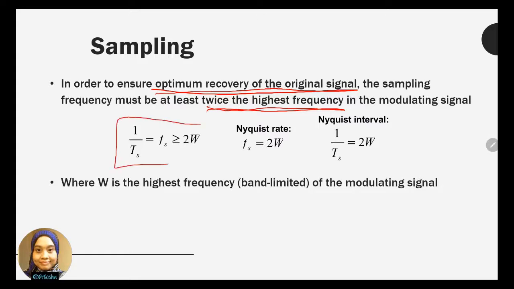So the sampling rate must use what we call the Nyquist rate: Fs equal to 2W, where W is the highest frequency used in the modulating signal. We can change that to the Nyquist interval, where twice the highest frequency of the modulating signal equals 1 over Ts.